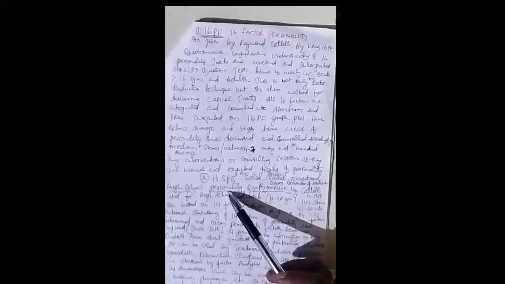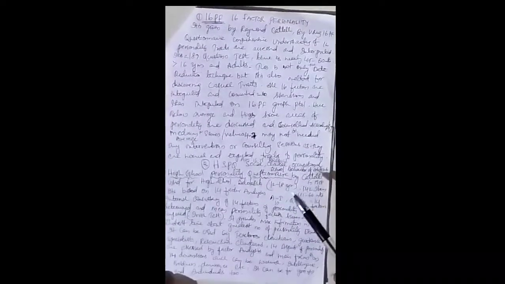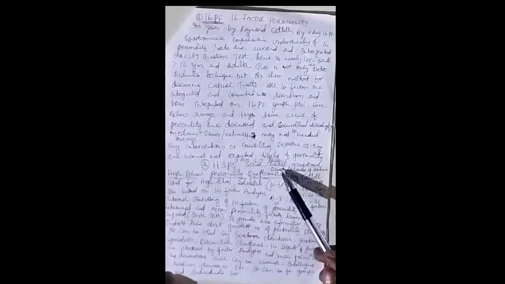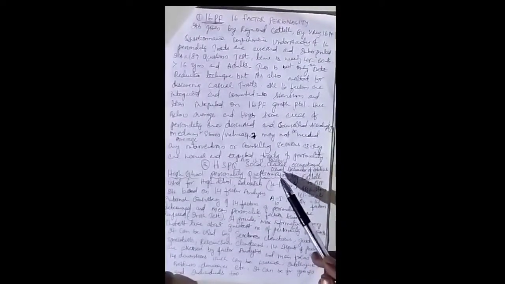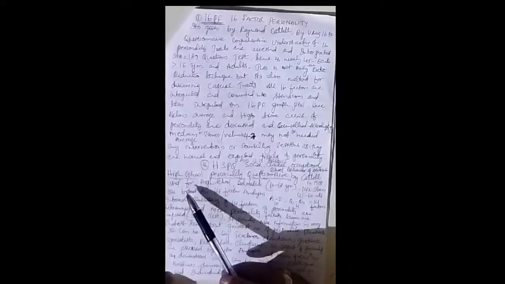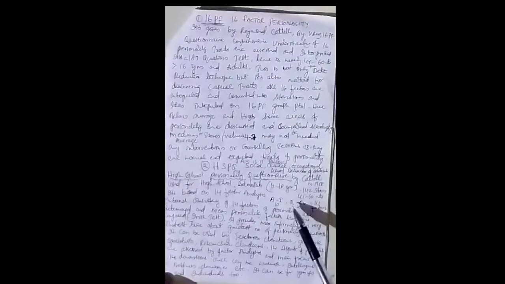Coming to HSPQ, it is called the High School Personality Questionnaire, and the objective is to predict the social, clinical, occupational and school behavior of adolescents. Again, it was proposed by Cattell in 1958. It is used for high school children or adolescents of 12 to 18 years, and it has nearly 142 items.